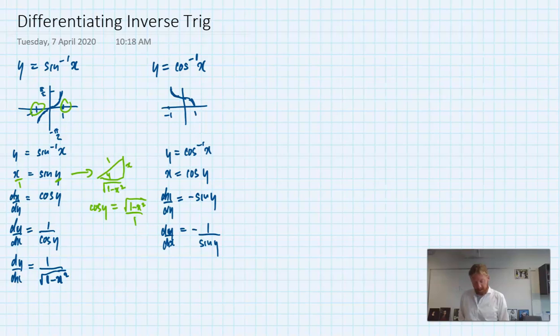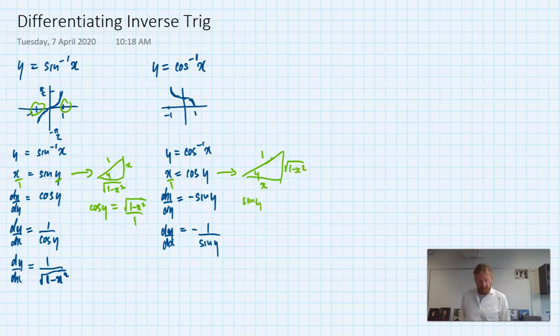Now you could probably guess what it is, but it's kind of a different triangle, isn't it? Because here I'm saying that the cosine of angle y is x on 1, which makes this side the square root of 1 minus x squared.